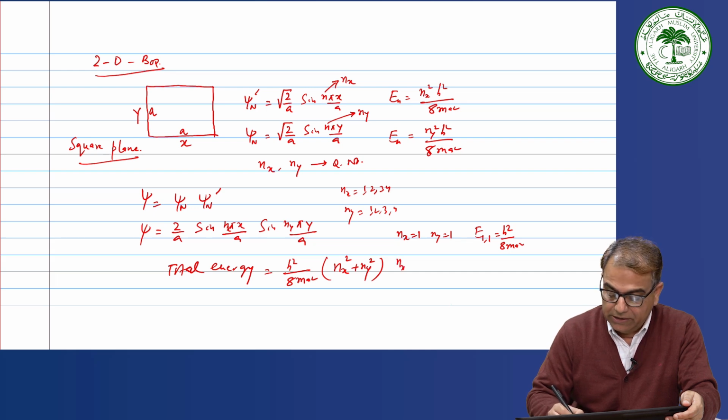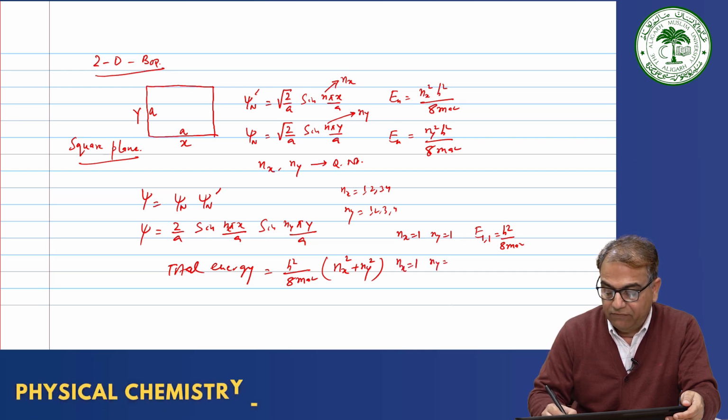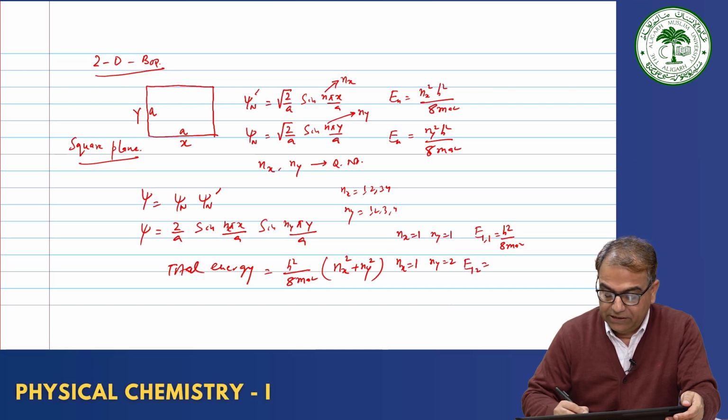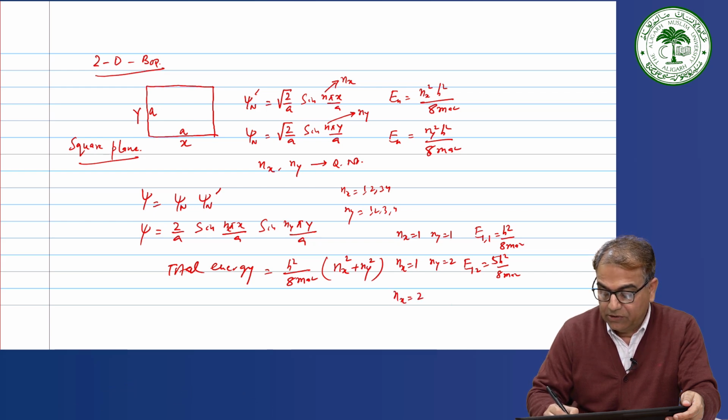If you put nx equal to 1 and ny equal to 2, then you get E12, and 2 square will be 4, 4 plus 1 is 5, so 5h square divided by 8ma square. Now put nx equal to 2 and ny equal to 1, and you write the energy level E21, and this is equal to 5h square divided by 8ma square.